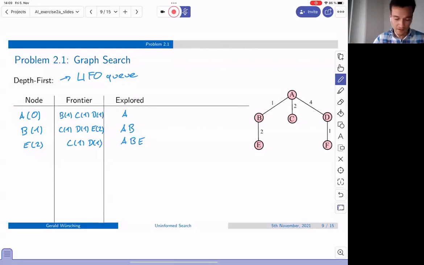Yes, exactly, as somebody said. So we're going to choose C1 as the next node. We look at the graph again. We have no child, so D1 is the only one left in the frontier. And our explored set looks like that: A, B, E, C.